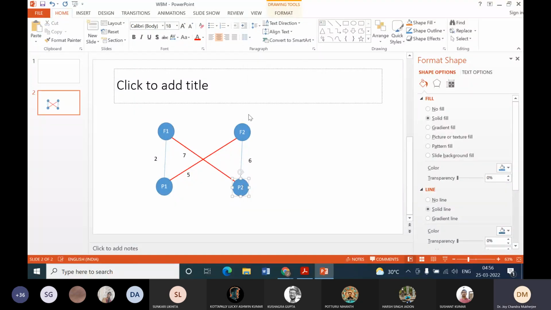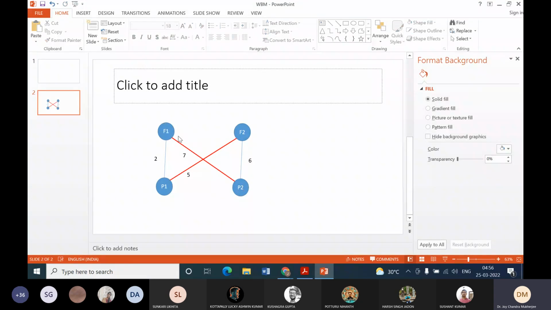If you give me compensation of 8, I will get a better profit if farm 1 uses P2 and farm 2 uses P1. So the government has to pay 12.